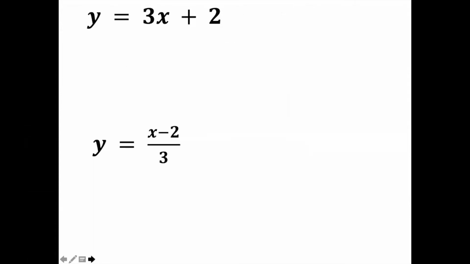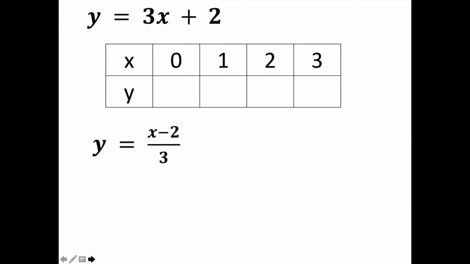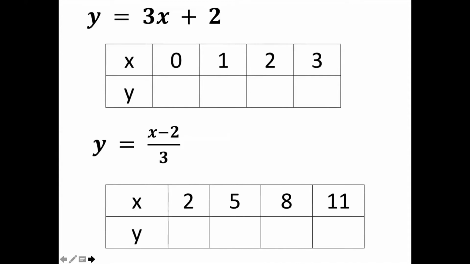So, if you are to complete the following table, what do we do? We simply substitute the given value of x to the given equation and then so on. So, this is simply 2, this is 5, this is 8, this is 11.